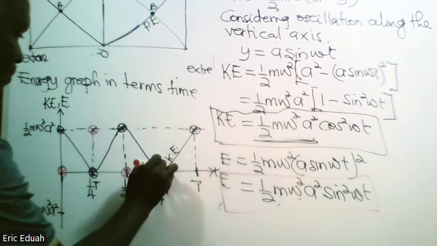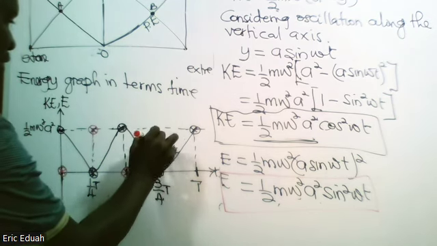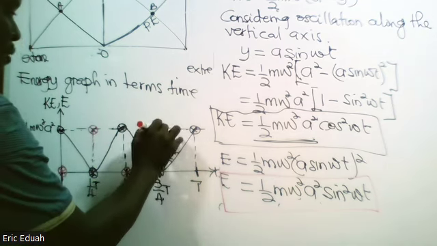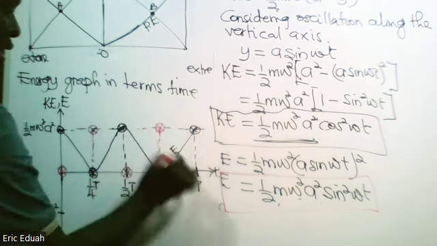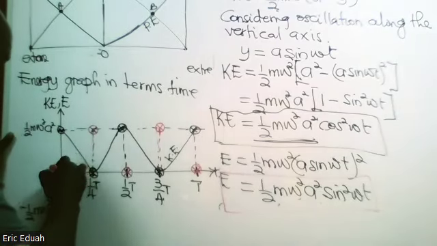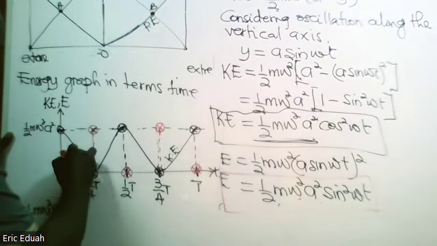So maximum, and this will also drop to 0. When theta is capital T, or when theta is 360, or T is this. So when you join the points, this is what you have.